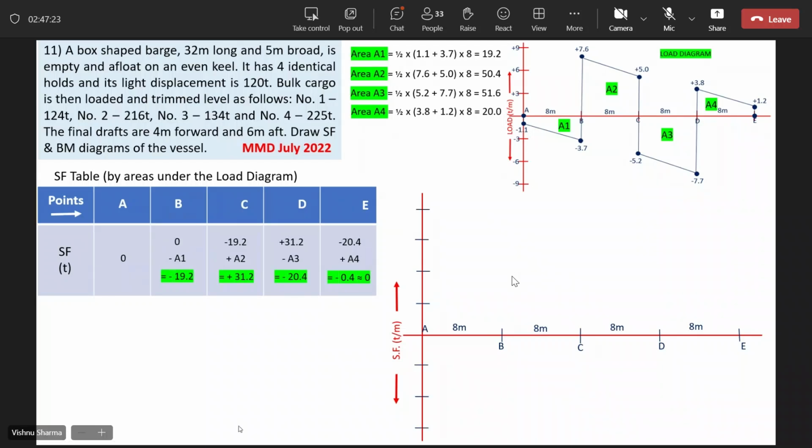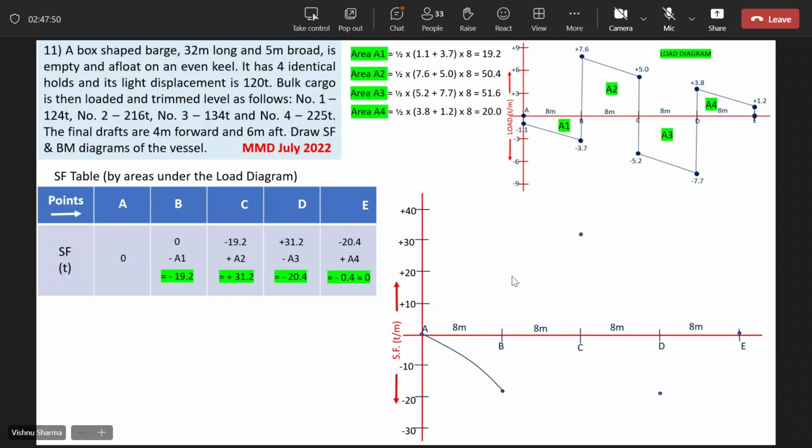Let me push it up. Now, A to B is a trapezium from smaller side to the bigger side. The difference is not much, but yes, definitely it's from smaller to bigger. So the curve comes somewhat like this.